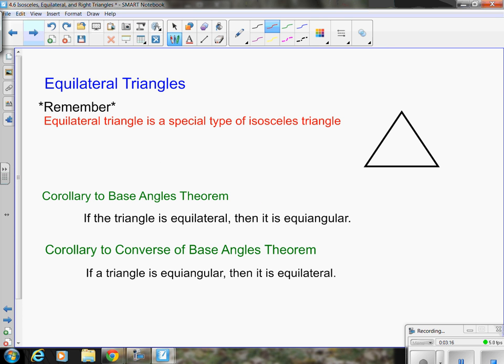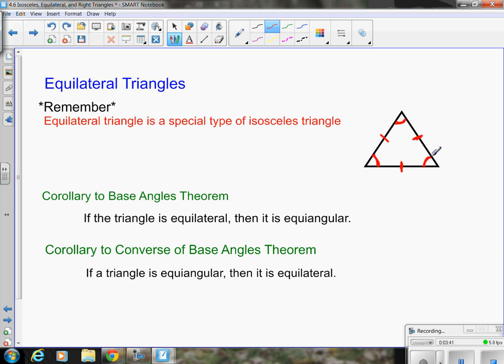For equilateral triangles, remember, an equilateral triangle is just a special type of isosceles triangle. We know that this side is congruent to that side. So the base angle theorem would say this angle is congruent to that one. We also know this side is congruent to this side, so these are also technically base angles that would be congruent.